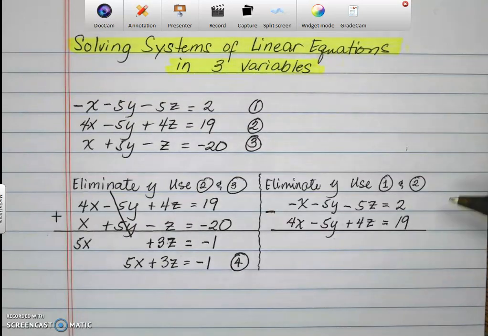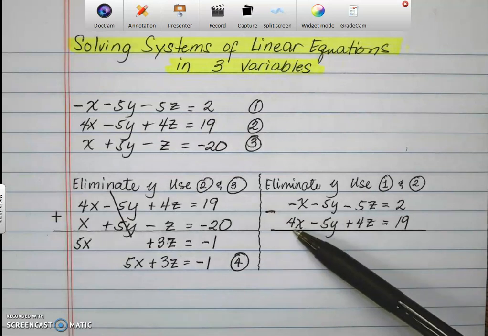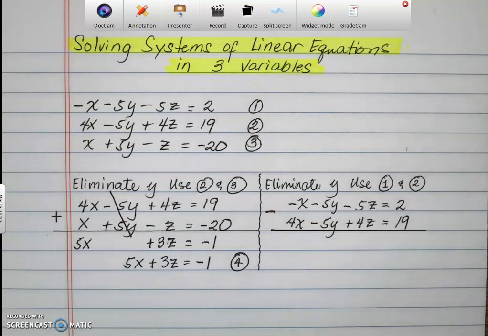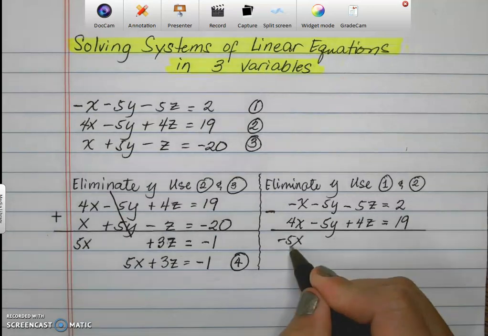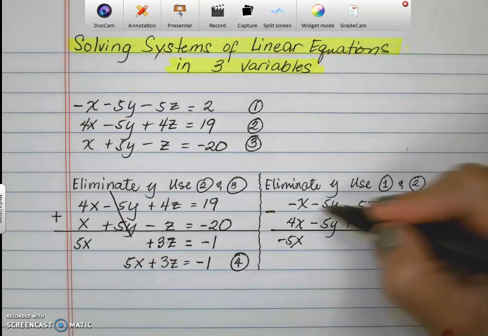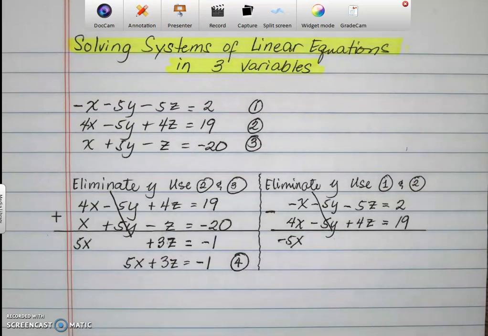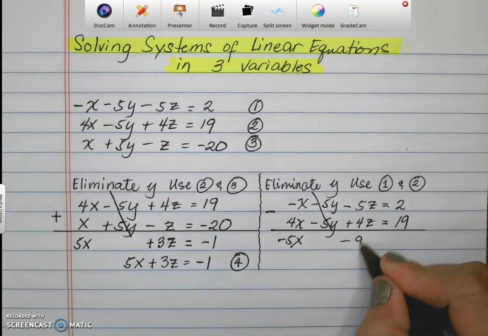Okay, again, labeling is very important. And so now let's do it. So this is negative 1 minus positive 4, which is going to be a negative 5x. Okay. And so now negative 5y minus negative 5y, something minus itself becomes a 0. And then now negative 5z plus positive 4z becomes a negative 9z.